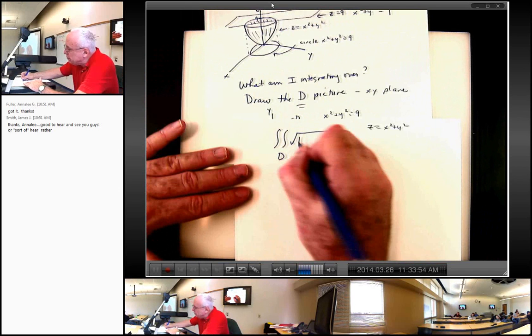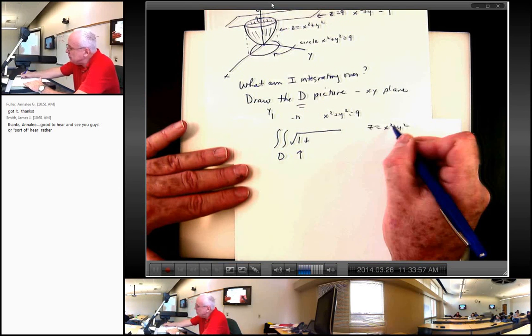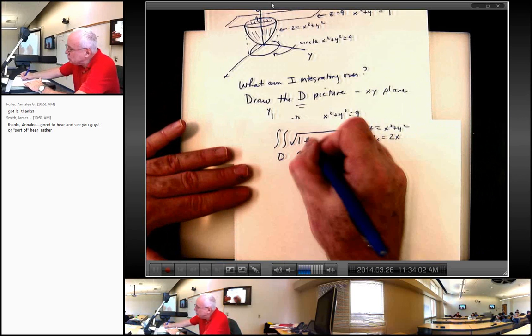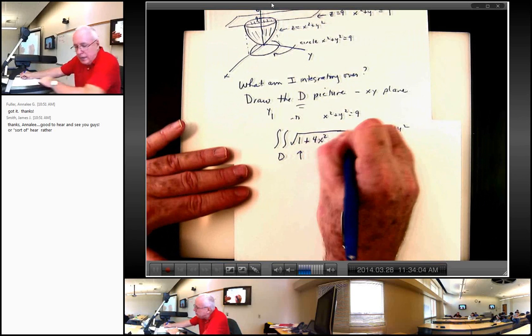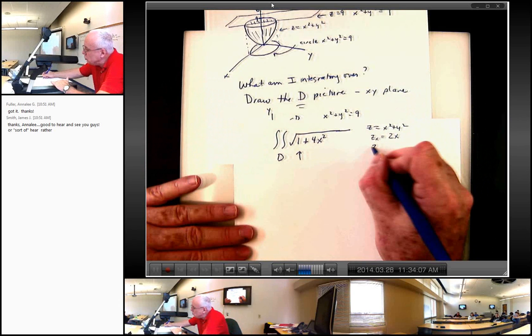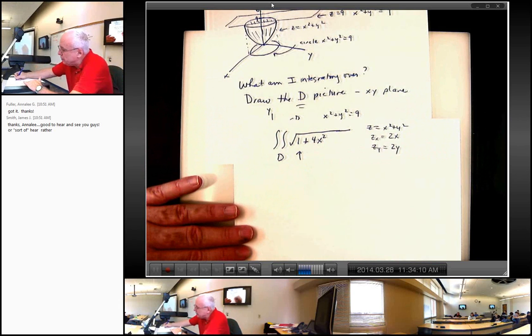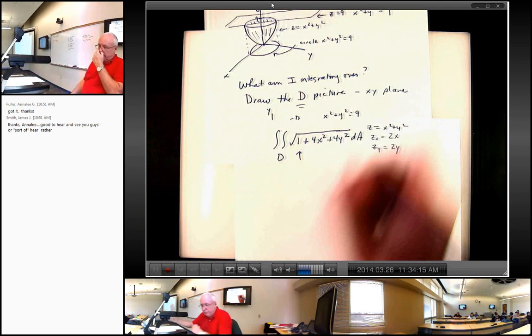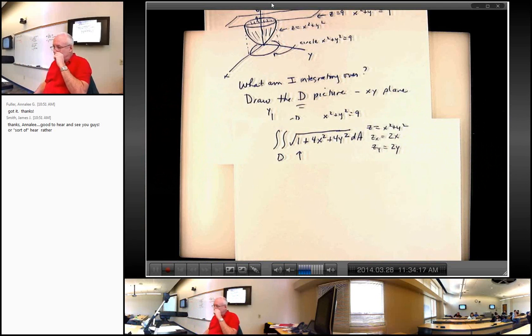Don't forget that. Plus, okay, z with respect to x is 2x. So I square that. That's going to be 4x squared. z with respect to y is 2y, and I have to square that. That's going to be 4y squared dA. Okay, that's my surface area formula.